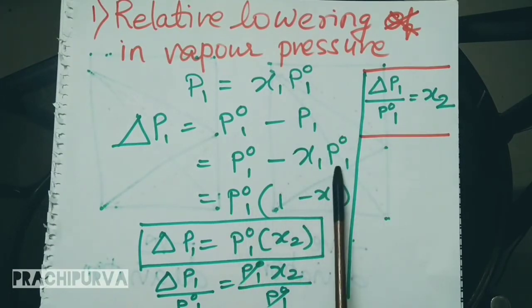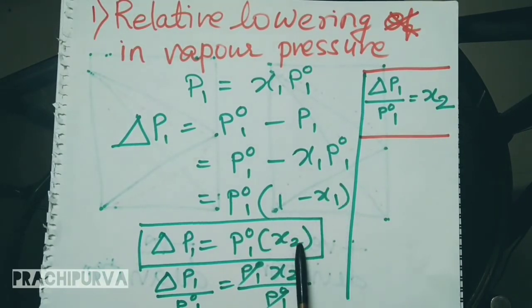What I did, I took out P01 common. I get 1 minus x1. I know 1 minus x1 is equal to x2 for a binary solution. If it is not a binary solution, if I have many components, then I cannot write x2. But in this unit, we are doing only binary solutions. So 1 minus x1 is equal to x2. Then I divided on both sides by P01. Why?